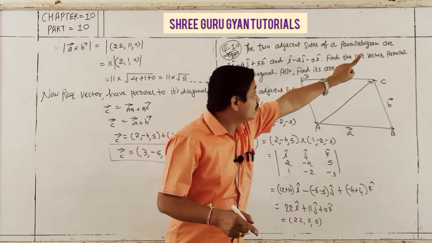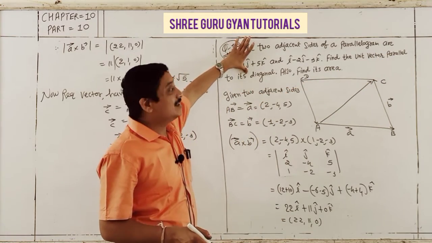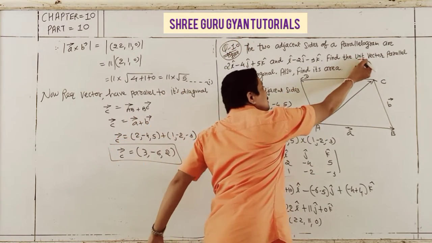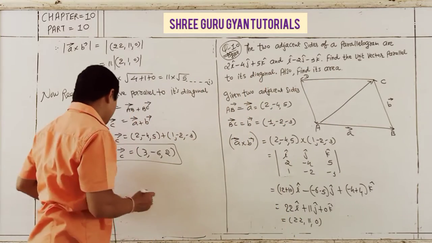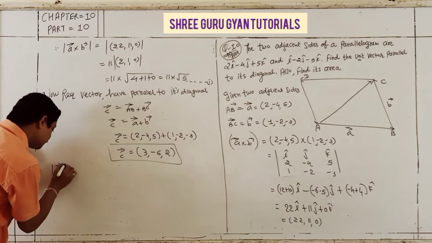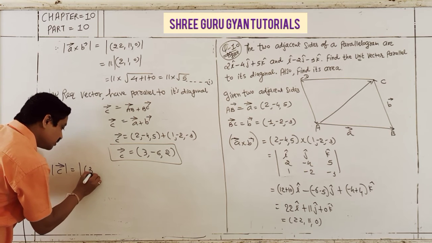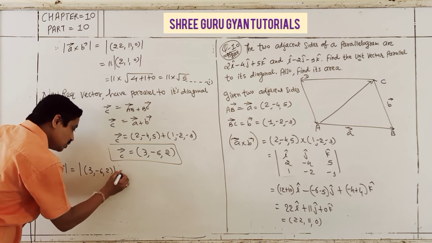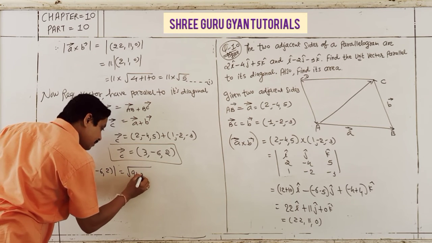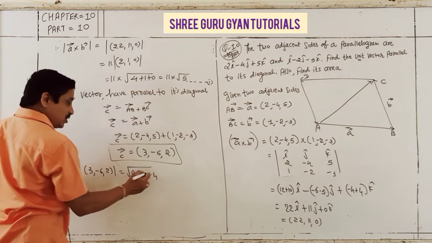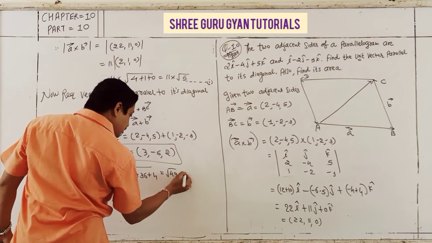Now I want the vector parallel to its diagonal and also a unit vector. So students, you will take now the magnitude of C, that is modulus of 3, minus 6, 2. So 9, 36, 4, 49. It will be 7.